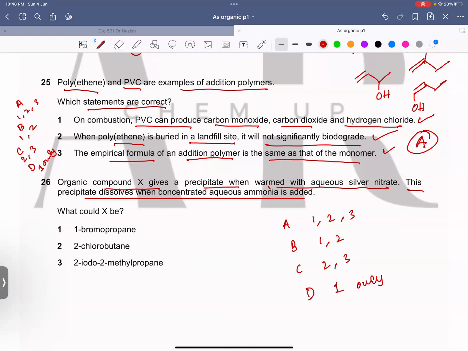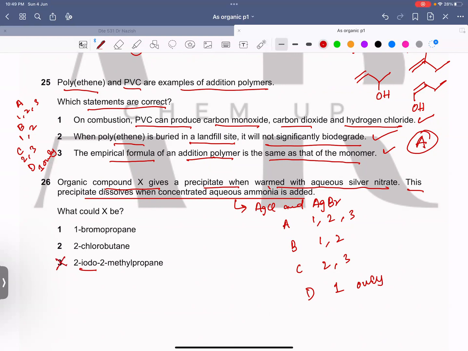So in concentrated aqueous ammonia, both the precipitates of silver chloride and silver bromide dissolve. And there is an iodomethylpropane, so silver iodide would form, which is not dissolved in concentrated ammonia. It is completely insoluble. So 3 goes wrong.